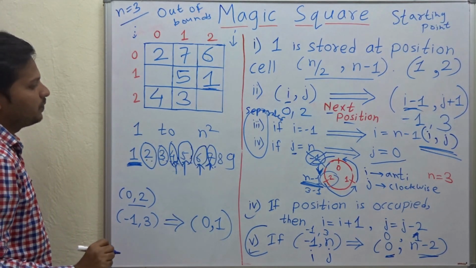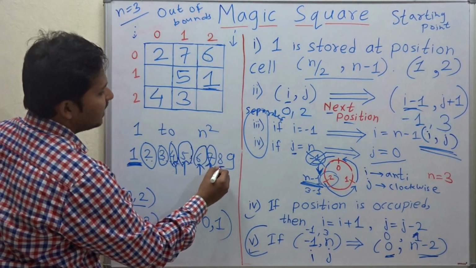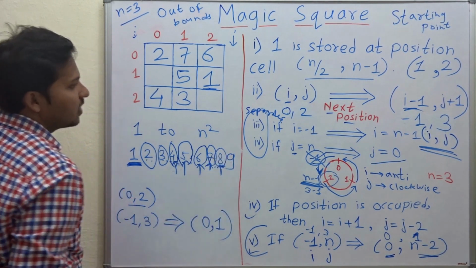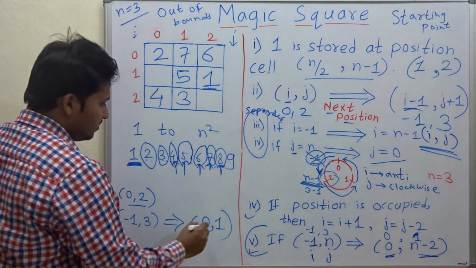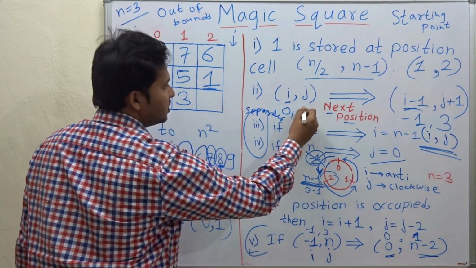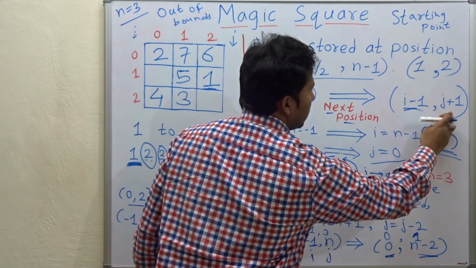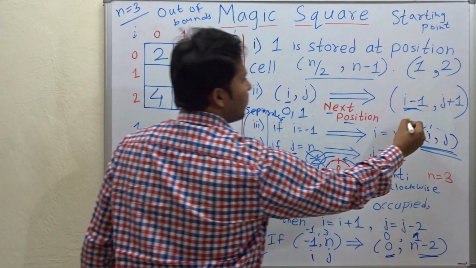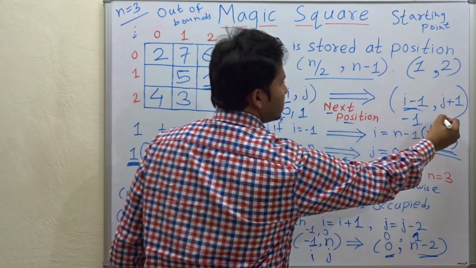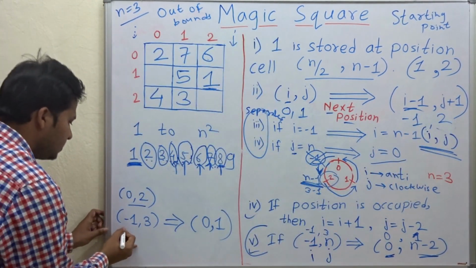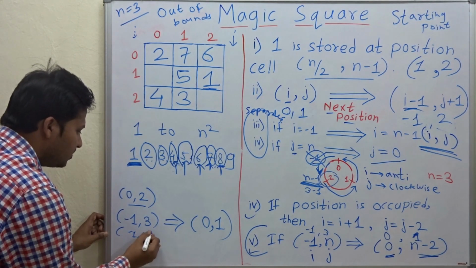Okay, now let's go for the next element, that is 8. Okay, find out the next position. So 0 1 is the current position. So let's see, 0 minus 1 is minus 1 and 1 plus 1 is 2. So the next position is minus 1 comma 2.